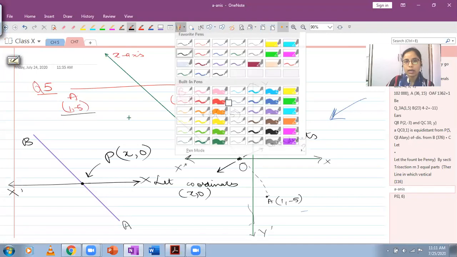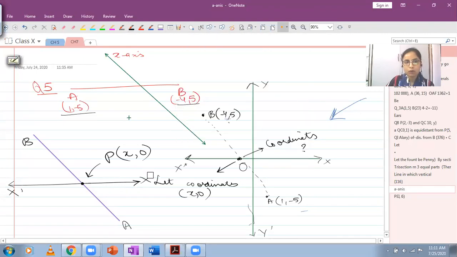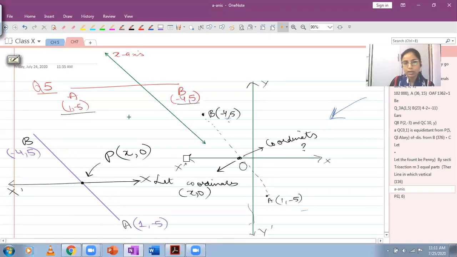Now, if I just look at the line segment, I've got the coordinates of B as (-4, 5) and the coordinates of A as (1, -5). And I would like to find out the ratio in which point P divides this line segment.